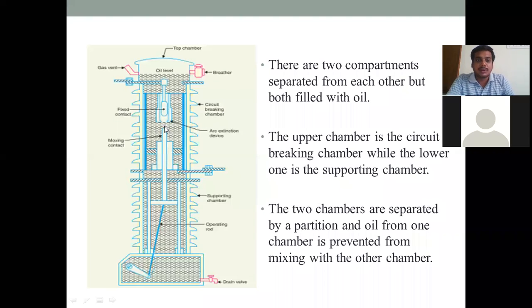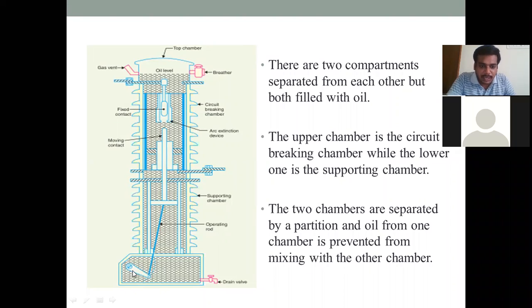When the oil comes in contact with the arcing period, it is heated, and this heat is absorbed by the oil, and the oil will be contaminated after the operation. This contaminated oil should not mix with the lower chamber, so there is a partition between the lower chamber and the upper chamber.